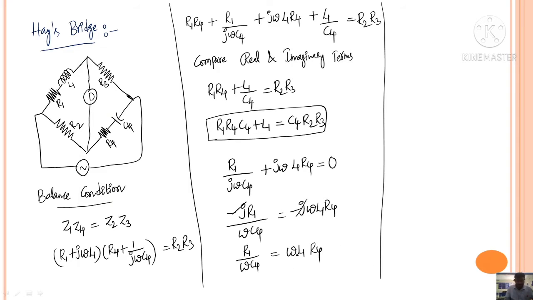Modifying this equation a little bit, you will get R1 is equal to omega square L1 R4 C4. Let me keep this in the form of L1. L1 is equal to R1 by omega square R4 C4.